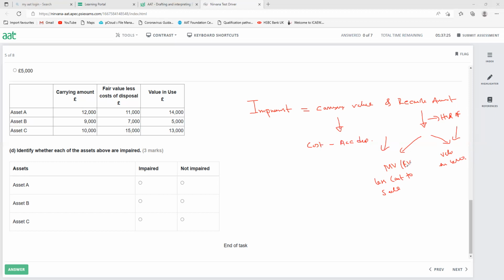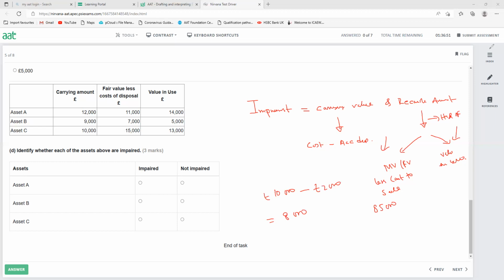Now, what is the market value less cost to sell? For example, if I have an asset and we buy this asset for £10,000, that was the cost. And we use this asset for 1 year, and for example, the depreciation is 2,000. That means the carrying value is 8,000. On the other hand, on the market, if I want to sell this asset now, I can sell it for, for example, 8,500.